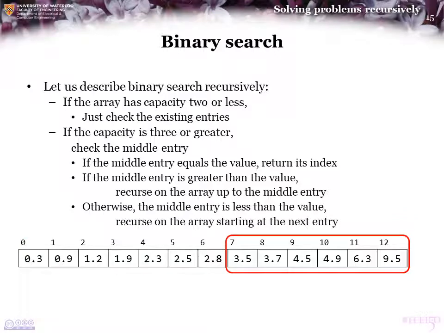And finally, if the middle entry is less than the value we're searching for, we'll recurse on the array starting at the next entry following the middle entry up until the end. Okay, this sounds like a perfectly good recursive algorithm because in either of these two cases, we will be performing a binary search on a smaller array. In fact, an array that is approximately half the size of the original array.